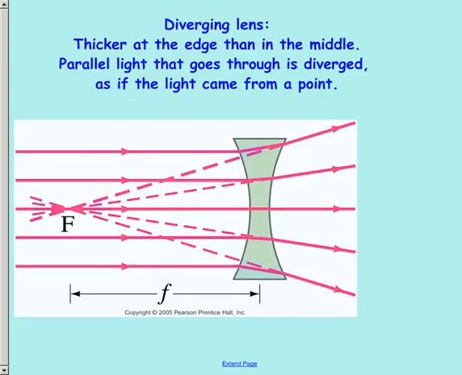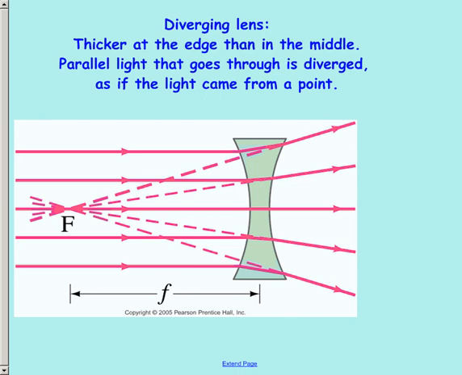Moving on, if we have a lens that's fatter on the outside than the inside, we call that a diverging lens. Parallel light that goes through that gets diverged, and this one is going to get a little tricky. It gets diverged like it was diverged from the focal point going out.